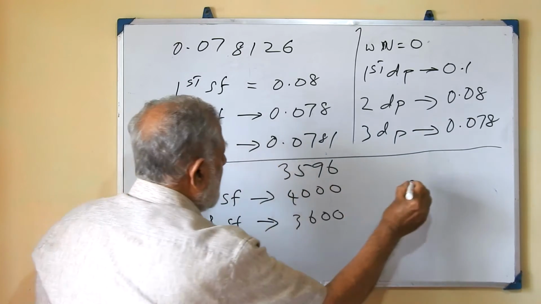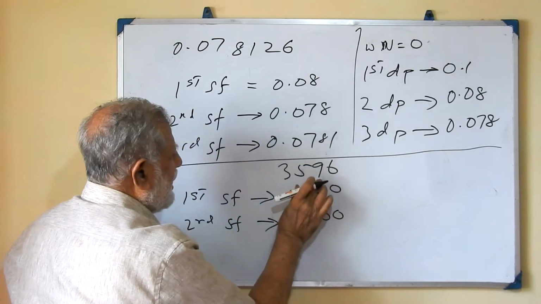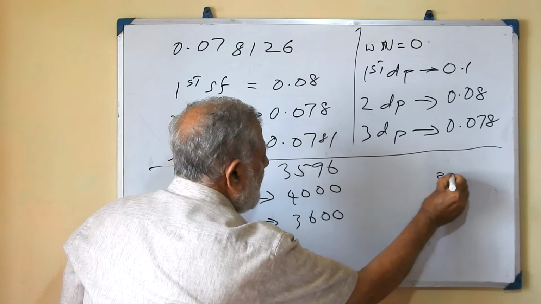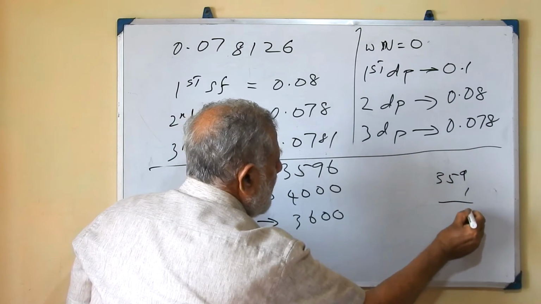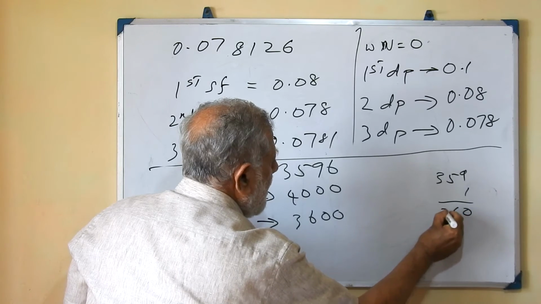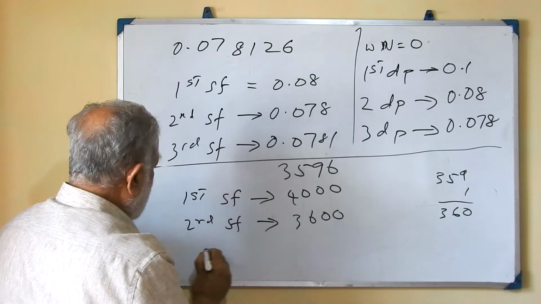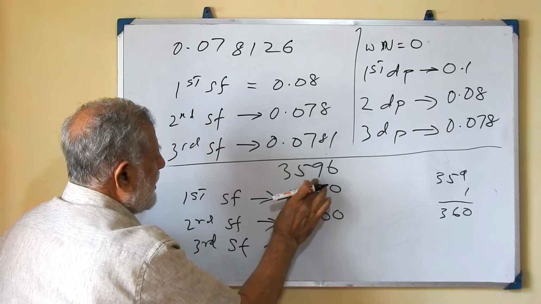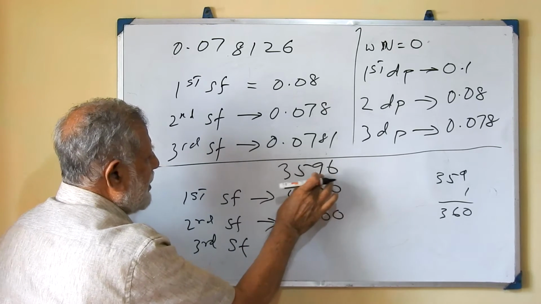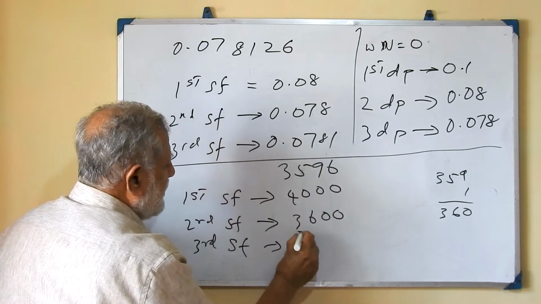How does the third significant figure look? The third significant figure is 9 here. So 3, 5, 9, you have to add 1 to this, since the next number is 6. Nine and 1 make 10, so it will be 3600.